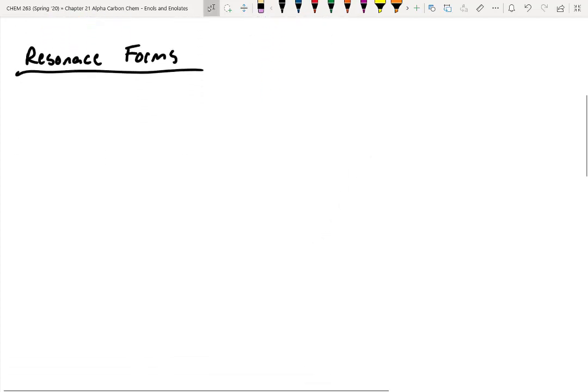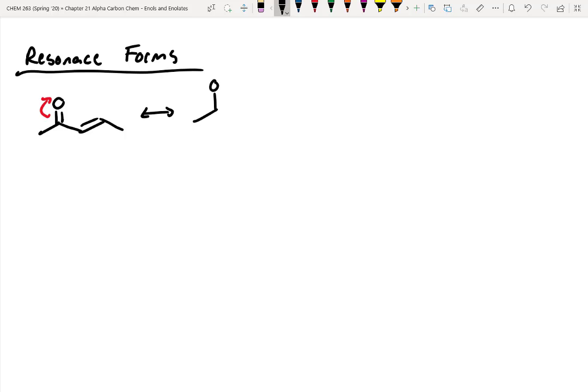So let's take the molecule that I just showed you and draw out all of the resonance forms. Well, one's pretty simple. We could just pull electrons up to that oxygen. And as you can see, we're not violating any of our resonance rules. We don't have a carbon with the positive next to a carbon with the negative, so this is allowed.